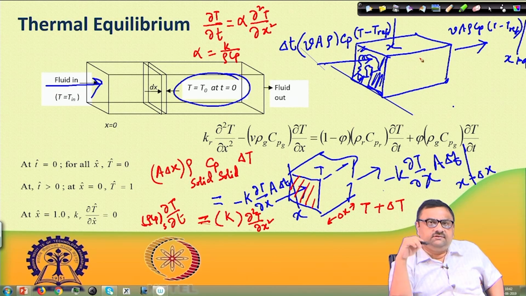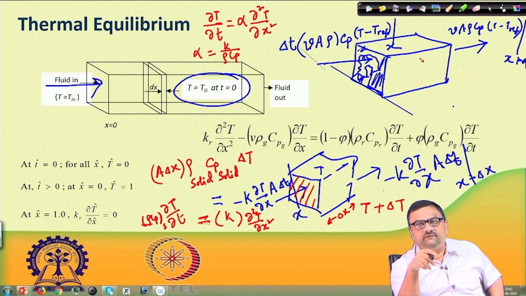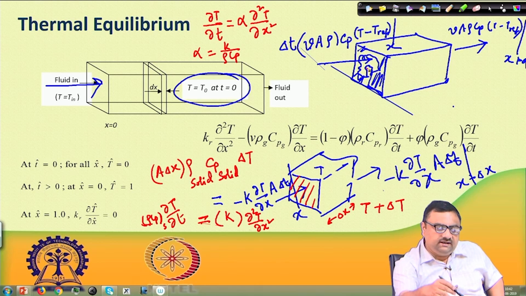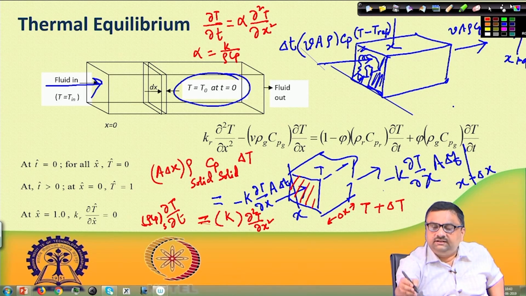Second thing is, when it comes to accumulation, now you have to think in terms of accumulation both in the solid phase and the void phase, because the void phase is occupied by the fluid. So, just like you had in this case the accumulation which is A delta x rho solid Cp solid into delta T, just like we have written it here, but that time we will have further complications.